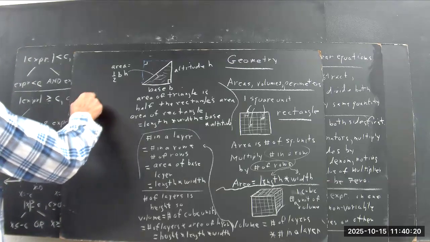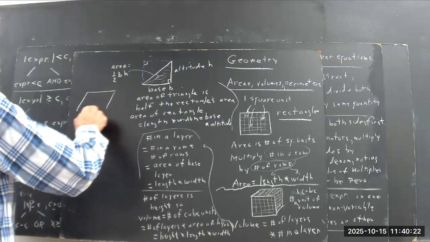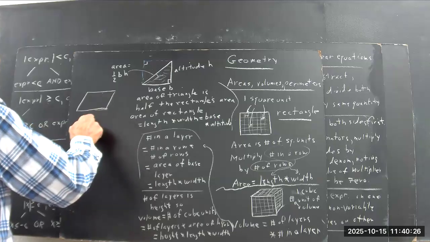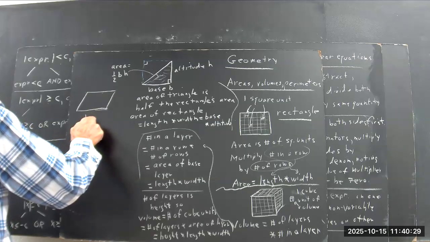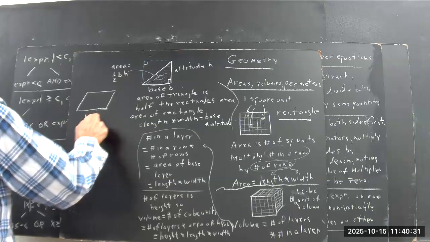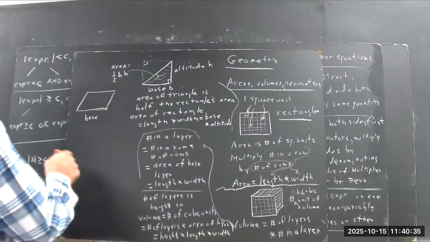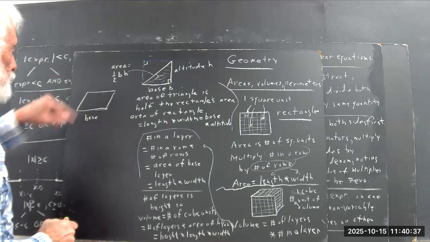If you have a parallelogram and two of the sides are parallel, call this side the base. The altitude has to be the distance between the two parallel sides.